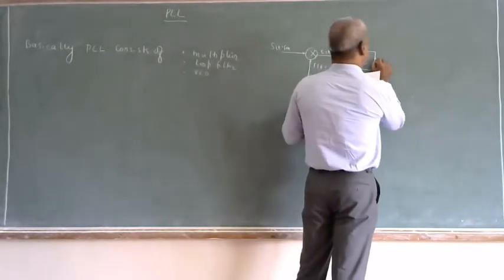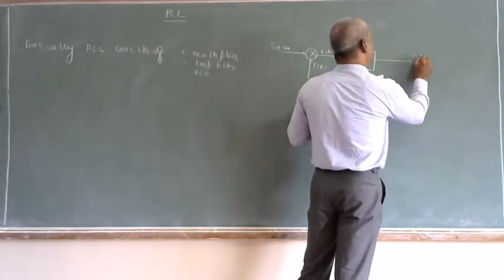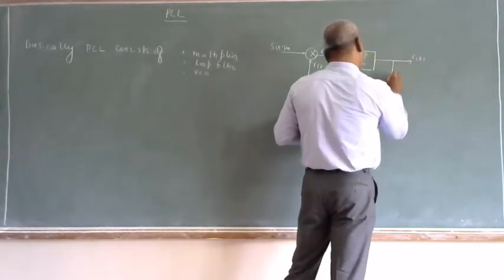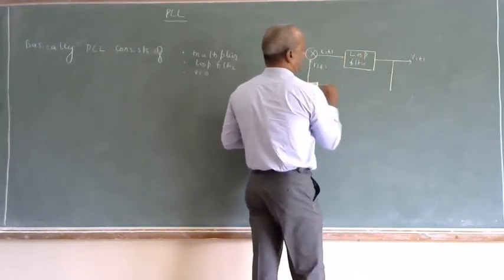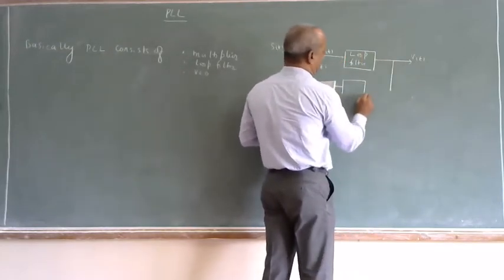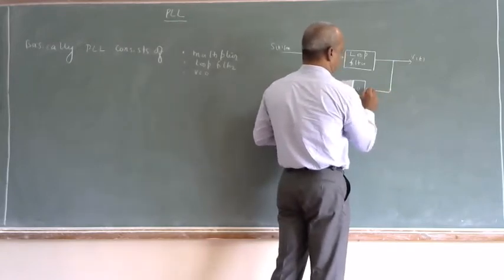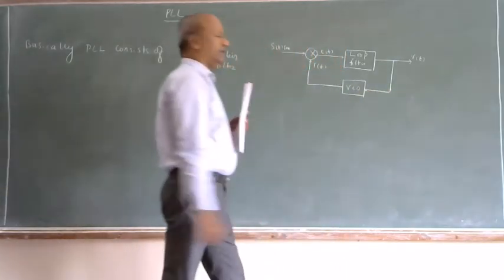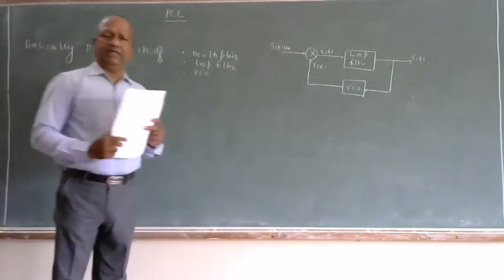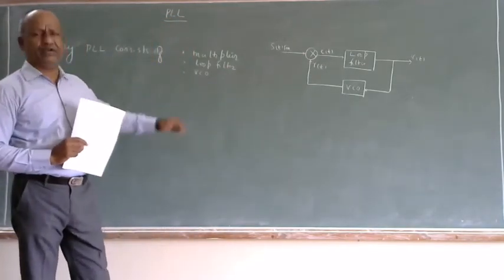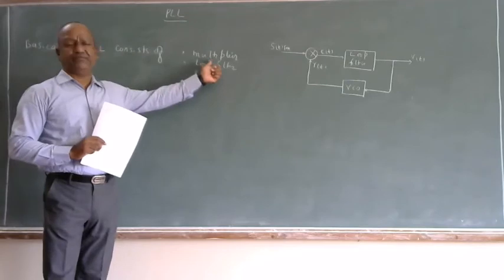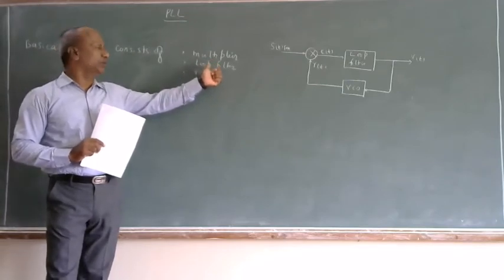Then the output, I'll take this as v(t). This is a simple block diagram of a PLL as a closed feedback system consisting of the three components: multiplier, loop filter, and VCO.